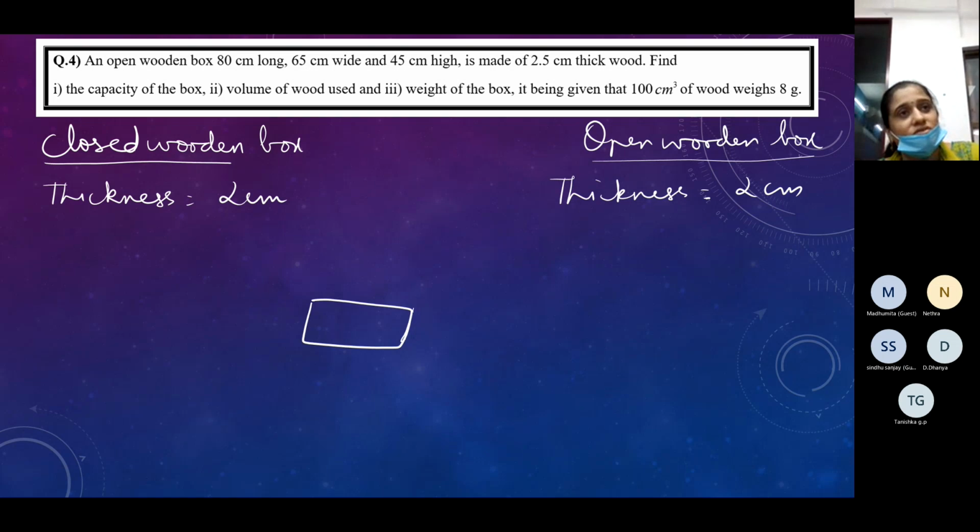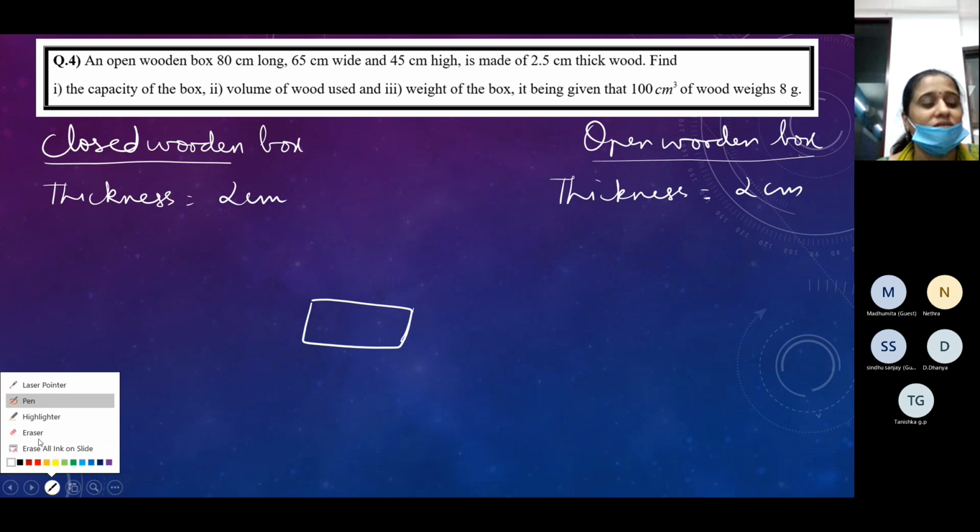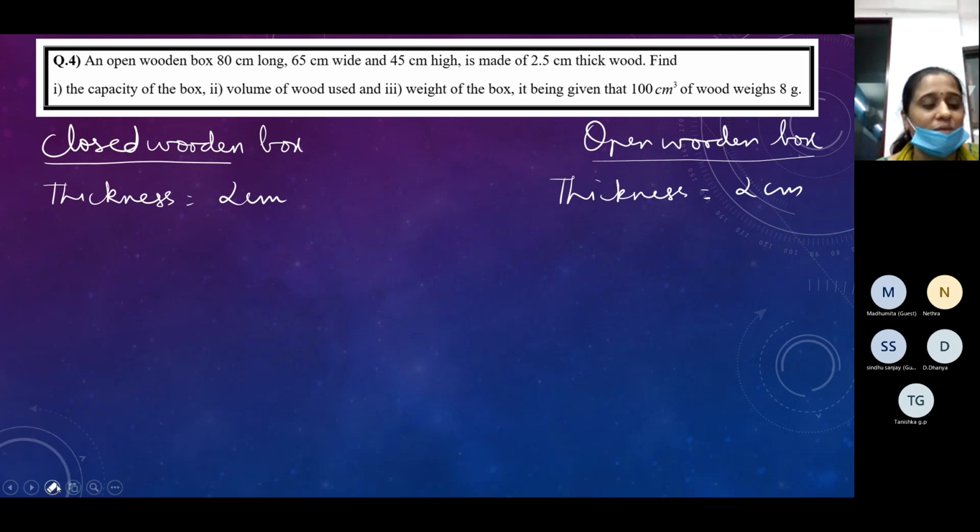When you come out of the box, the height will be slightly more because the thickness of the wood is not there. So when the material is thick, here the box is made of wood, the external dimensions will be more than the internal dimensions is the first thing. Now let us find the internal and external dimensions.